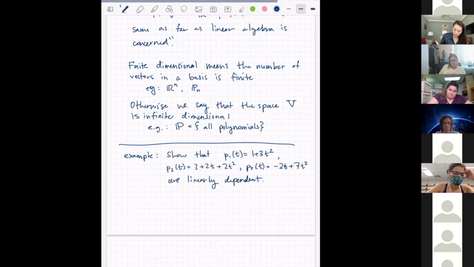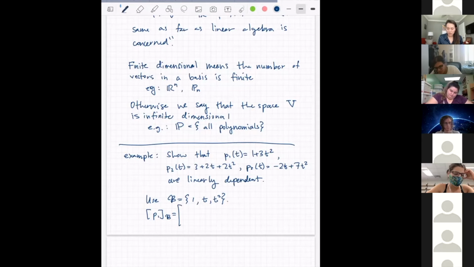Usually when using polynomials, it's easiest to use the standard basis, right? Then we can just use the coefficients. So we're going to use the standard basis, then rewrite each of these in terms of the coordinates.